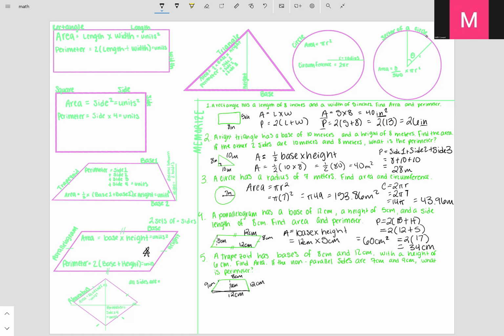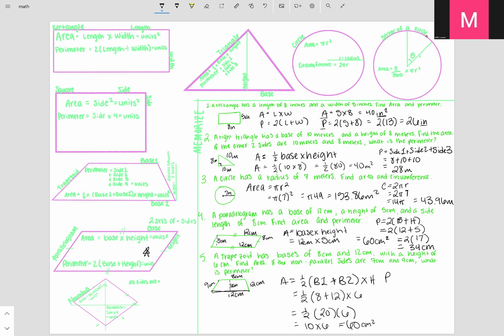So finding our area, we have area equals 1/2 times base 1 plus base 2 times the height, which equals 1/2 times 8 plus 12 times 6. We'll go ahead and do 1/2 times 20. That'll be 10 times 6 equals 60 centimeters squared.